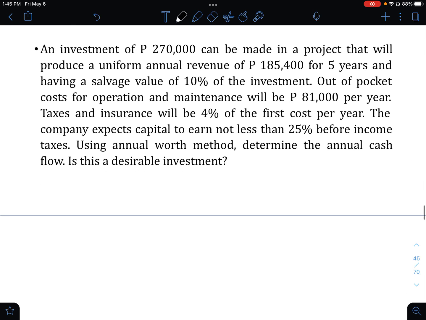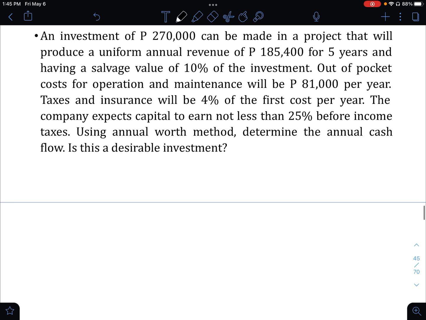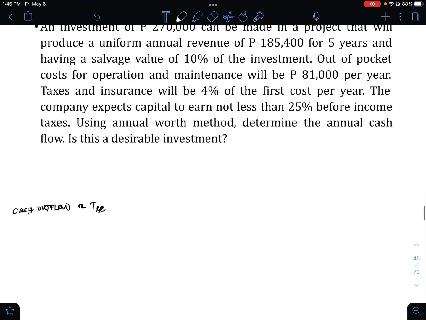So, to find the total annual cost or the total annual cash outflow, okay, it is the depreciation, again, kini siya operation and maintenance. So, depende sa problem kung unsang depreciation ang inyong gamiton. No? Again, it needs analysis. So, depreciation plus the tax and insurance plus the operation and maintenance plus, again, the interest on the original investment.